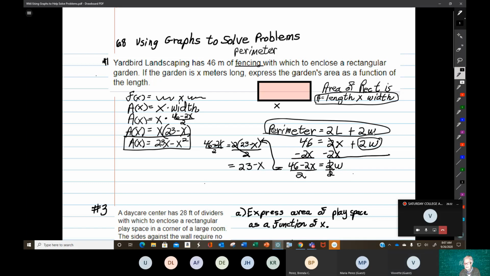We used this to solve for W since they had already named L, length, as X. And that permitted us, when we solved for W, to really be solving for X. And then it was just very convenient that 2 would go into 46.